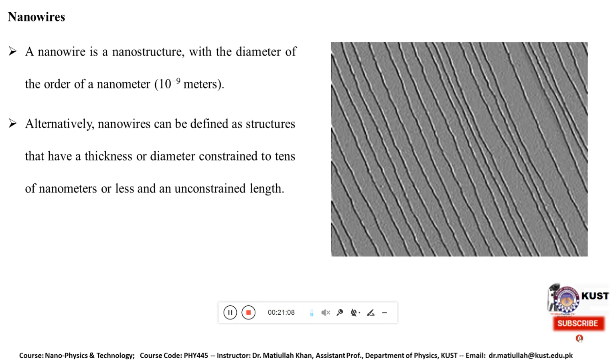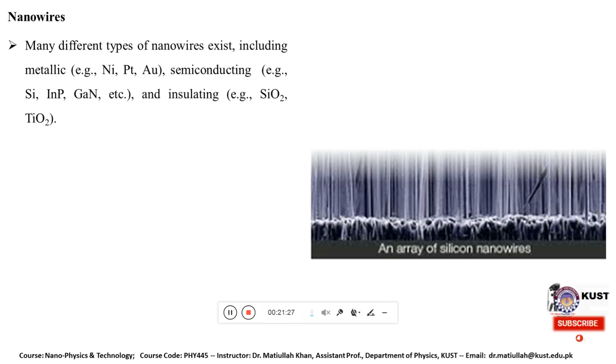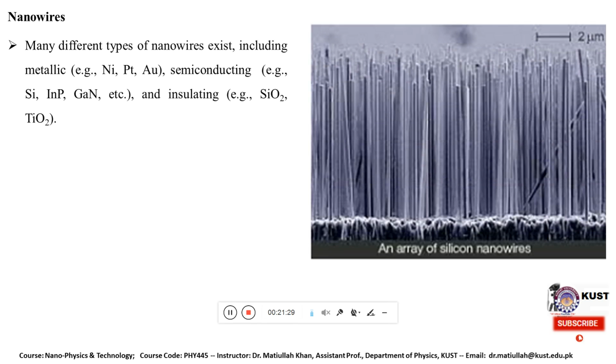Alternatively, nanowires are defined as structures with a thickness or diameter constrained to tens of nanometers or less, and an unconstrained length. At this scale, quantum mechanical effects are important, which gives rise to the term quantum wires. Here the nanowires are arranged in this order, an array of silicon nanowires.